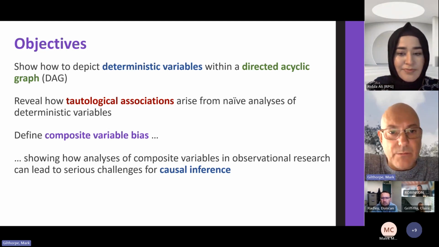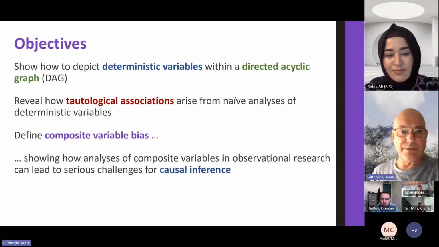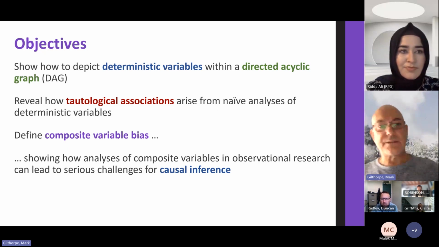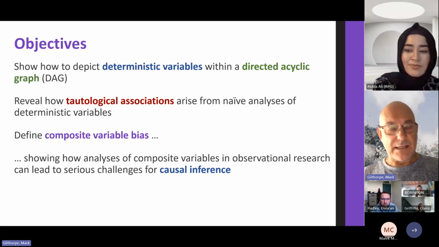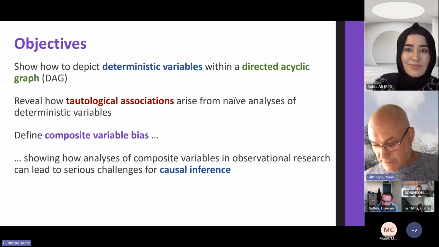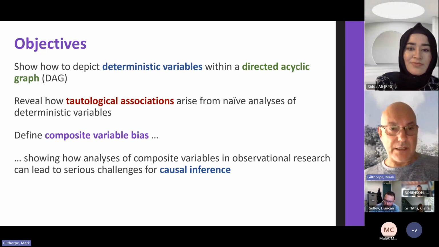And I'll move on to illustrate some very simple examples of composite variable bias that are readily identifiable as tautological associations. I say they're readily identifiable. They're still considerably overlooked, but it's easier once you start looking for them to recognize them as tautological associations.